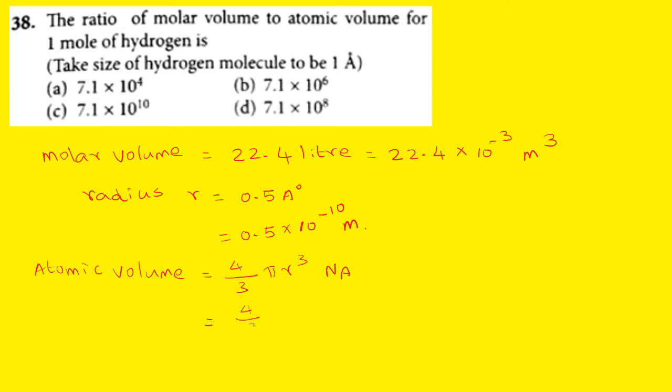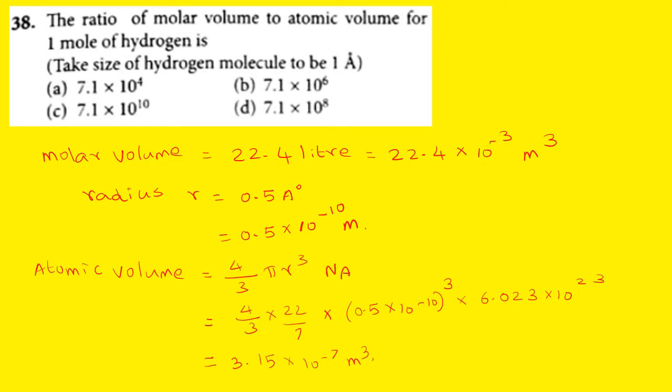So 4 by 3 into pi is 22 by 7, and r is 0.5 into 10 power minus 10, the whole cube, and the Avogadro number 6.023 into 10 power 23. So when you do this full calculation you will get 3.15 into 10 power minus 7 meter cube.